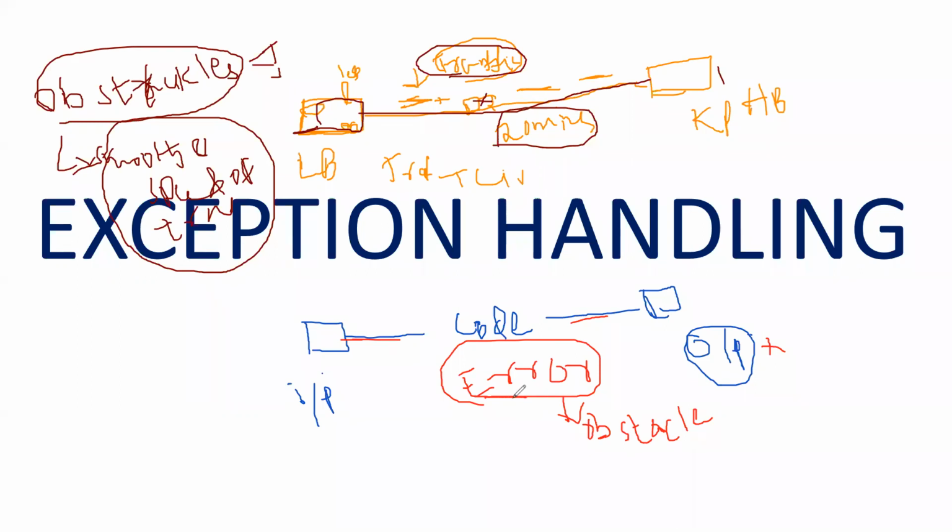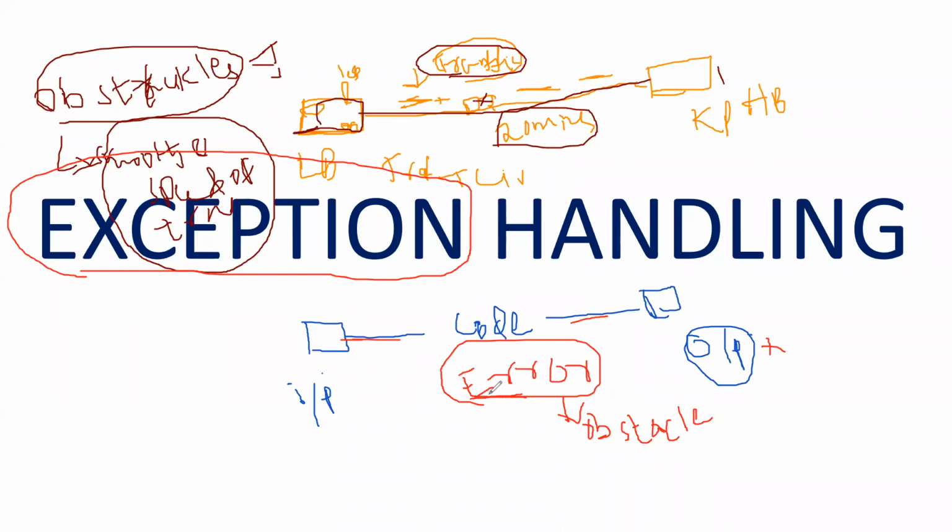Now, to overcome this error, there is a concept called exception. Except this error, except this speed breaker, this traffic, just move smoothly.